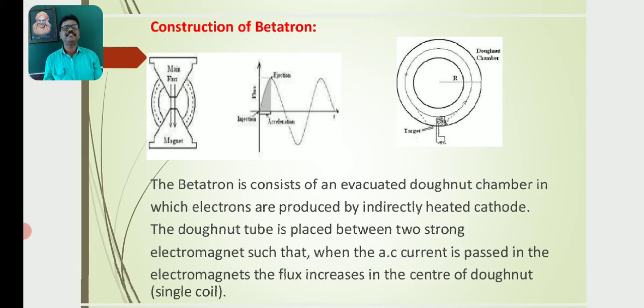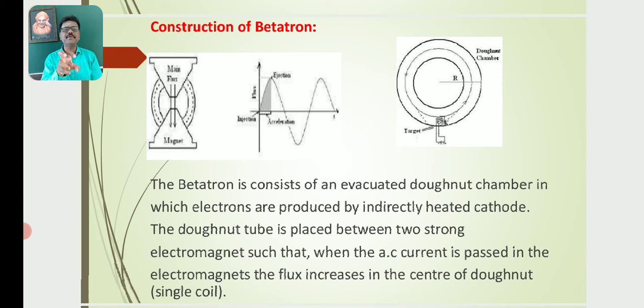Construction of betatron. The betatron consists of an evacuated doughnut-shaped chamber in which electrons are produced by an indirectly heated cathode.